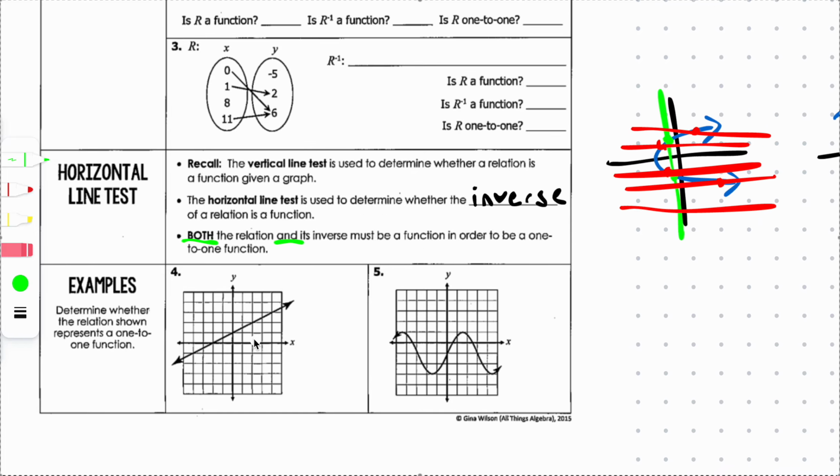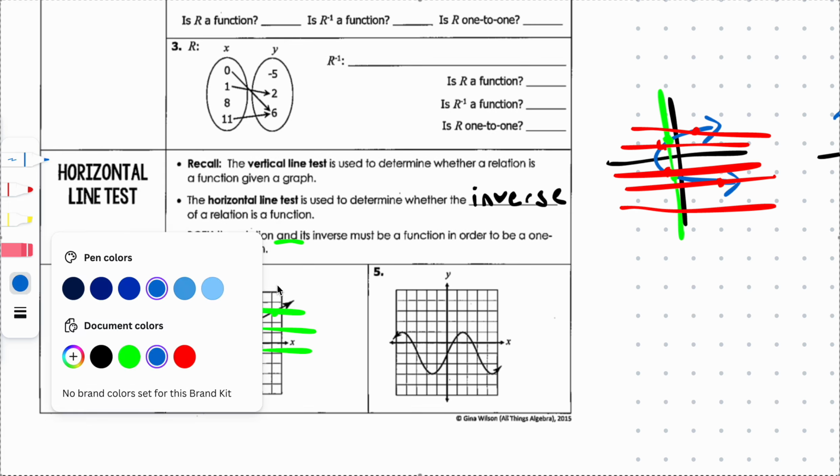So in this case, we have this linear function, and we want to determine whether it's one-to-one. So we're going to draw horizontal lines. Does it pass the horizontal line test? And we see that it does.